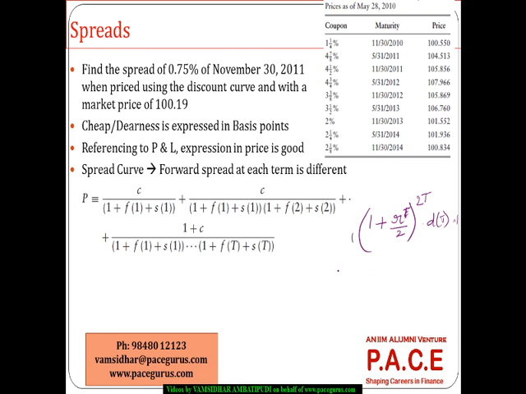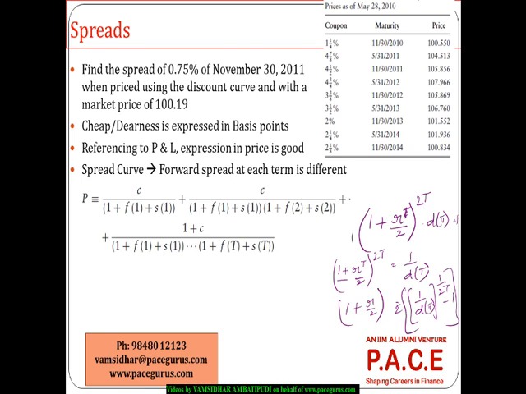So from here we are directly getting (1 + R_t/2)^(2t) is equal to 1 by the discounting factor, and 1 plus R_t by 2 is equal to (1/d_t) to the power 1 by 2t, and this becomes minus 1 and twice of it.